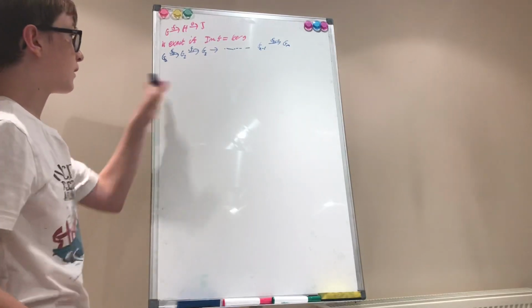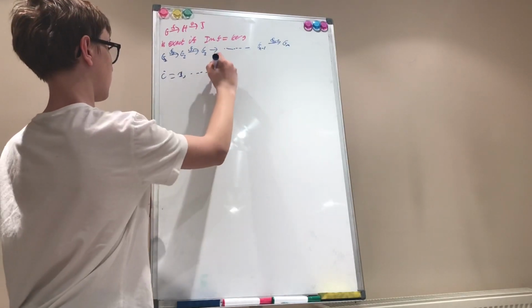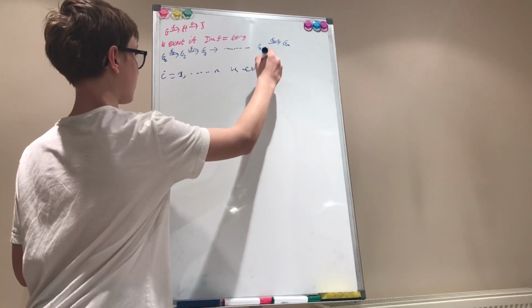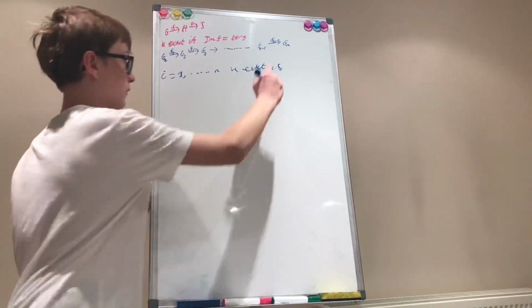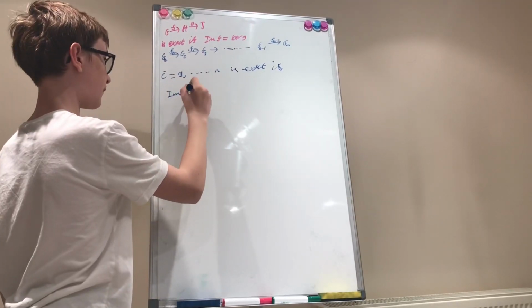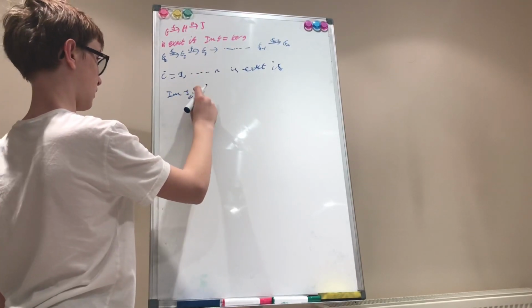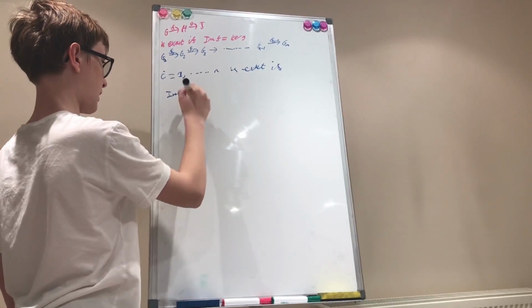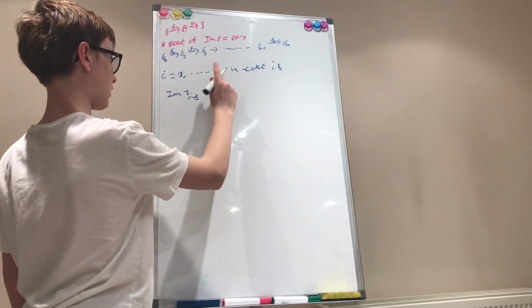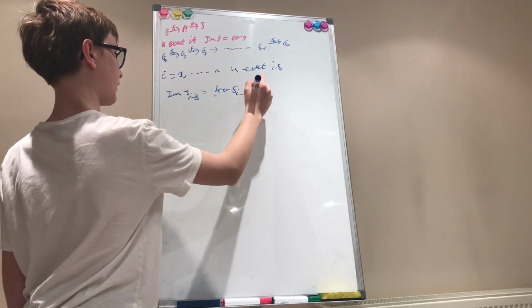Then for i going from 1 all the way up until n, this is exact if the image of f sub i minus 3 is equal to the kernel of f sub i minus 2.